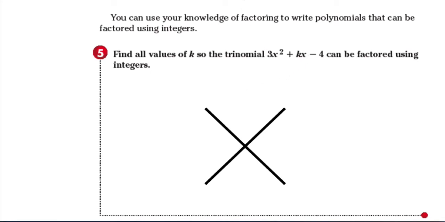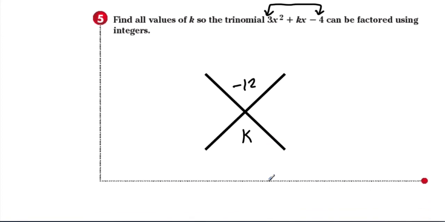So let's first do what we've been doing, get the product of the first term and the constant, negative 12, and you have k as the coefficient of your linear term. So let's find all the factors of negative 12 and we'll write it out.